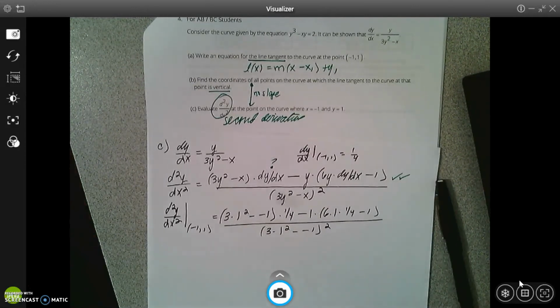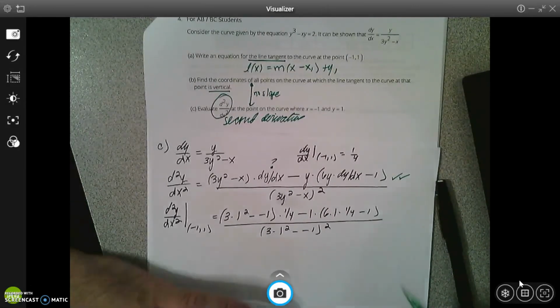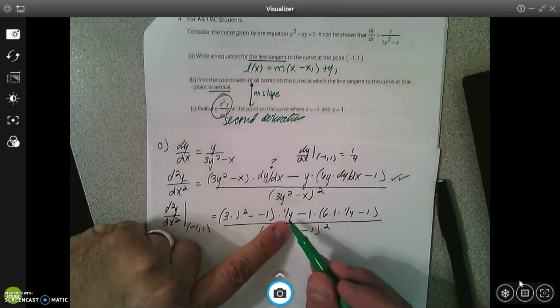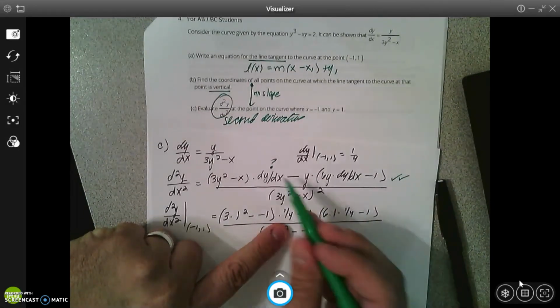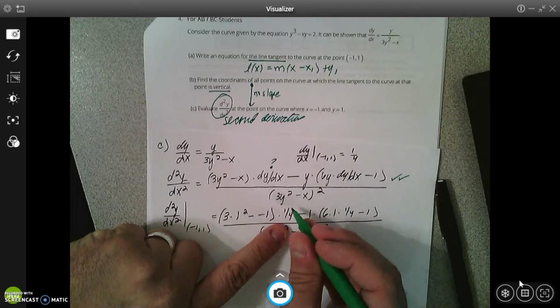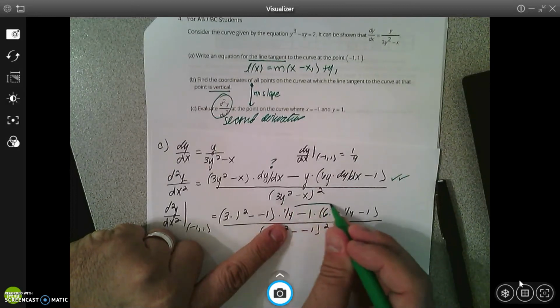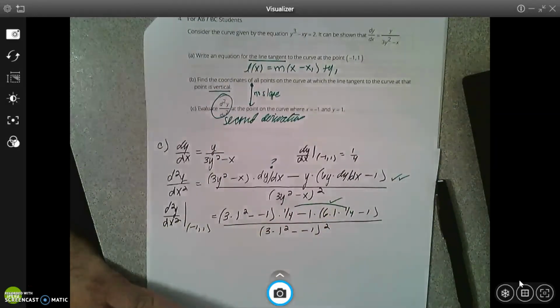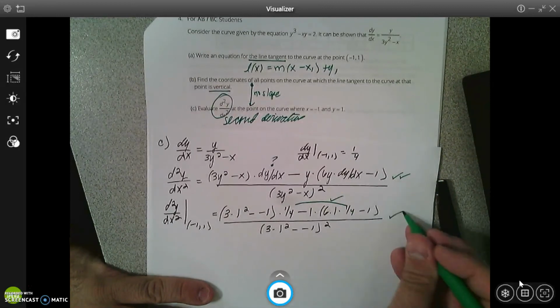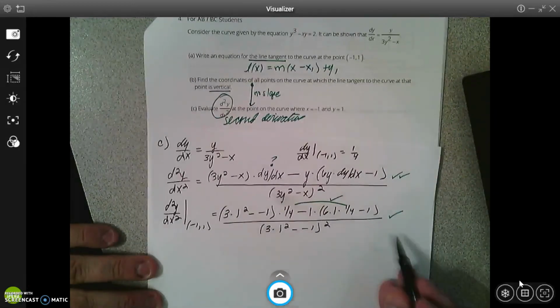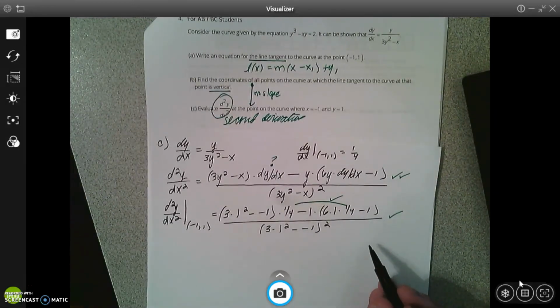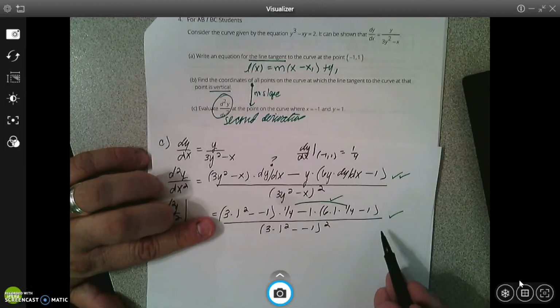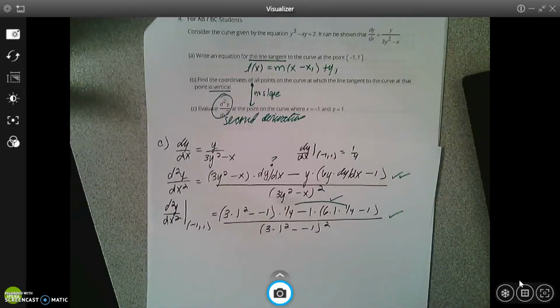Now, important to know is that a point was awarded if you correctly evaluated the first derivative at the point, and so that would have been getting to this 1/4, and then another point for correctly plugging everything in. There is nothing in this problem that says you have to simplify the answer, so you could leave your answer here and get all the points.